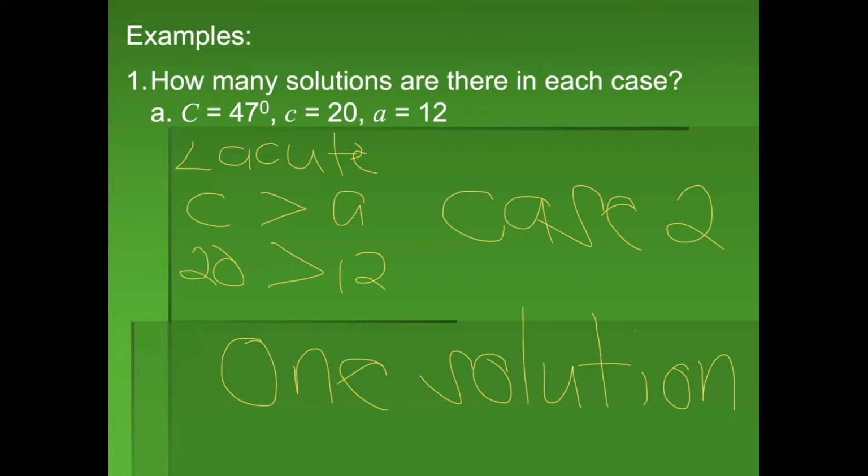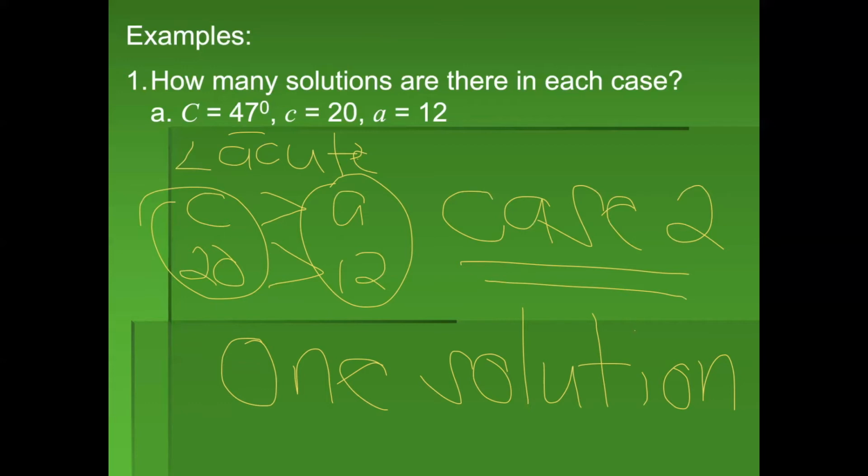We are only asked to determine the number of solutions in this given. Again, the given angle is acute because that is 47. The opposite side of angle C is side C, which is 20, and that is greater than the other side, A, which is 12. Therefore, it belongs to case 2, and our conclusion is there is only one solution. So that is how we use the given cases earlier.